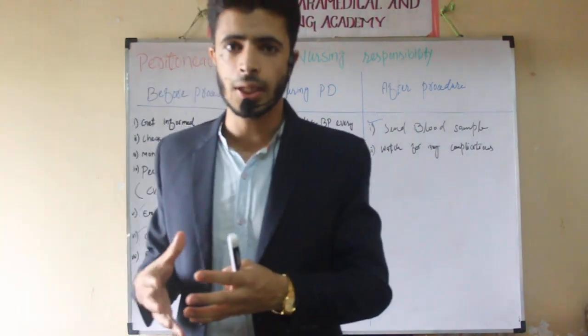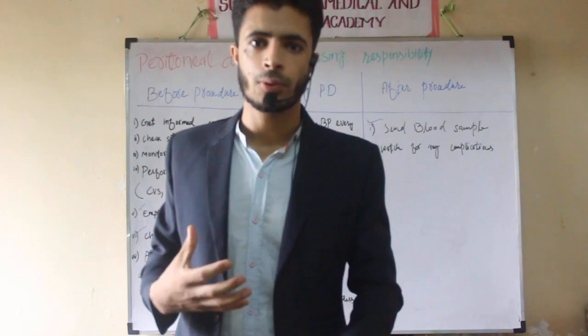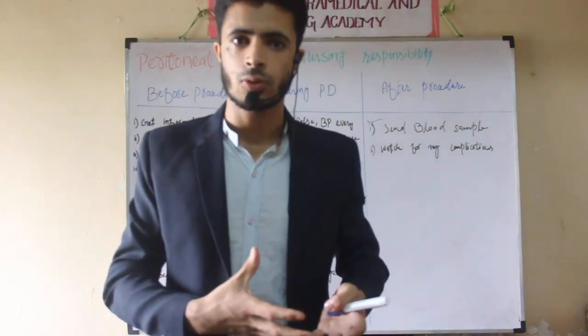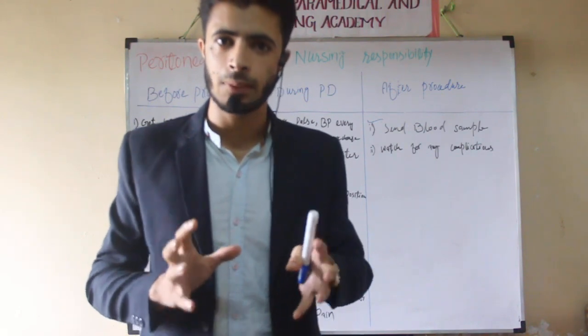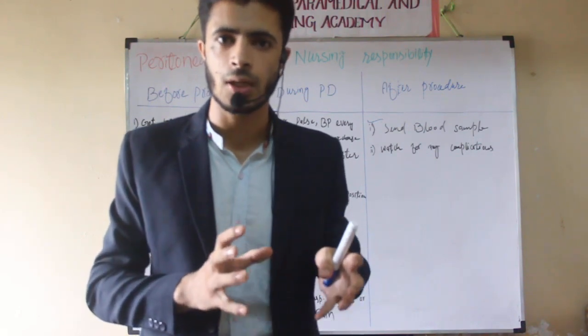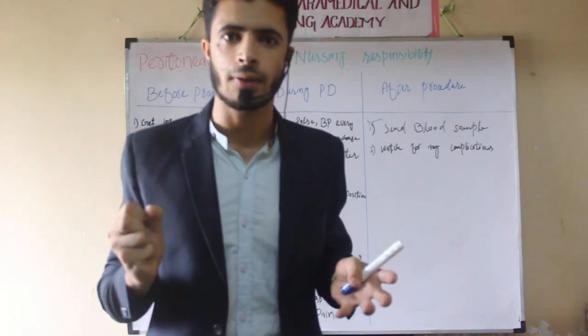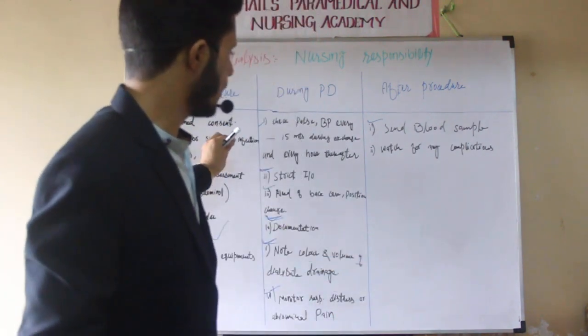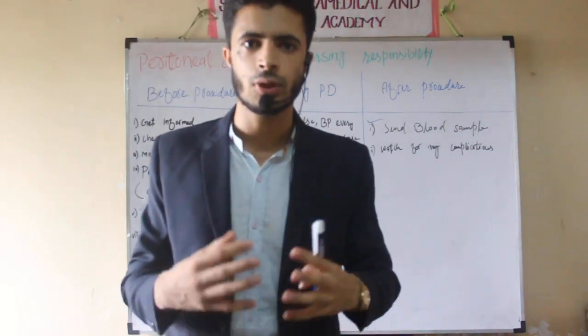Because if anything happens in the future, during or after the procedure, who will be responsible? The responsibility should not be taken by the person who is doing the dialysis, because no one has a certificate of life. So we have to get the informed consent, and after the informed consent we can do the procedure.